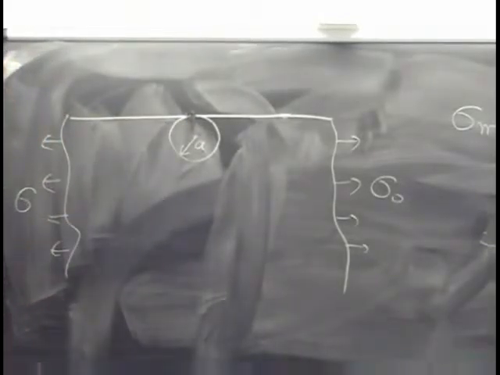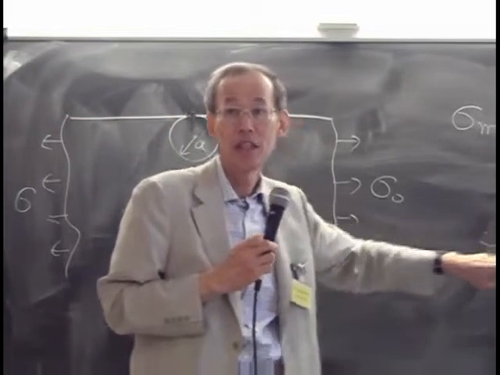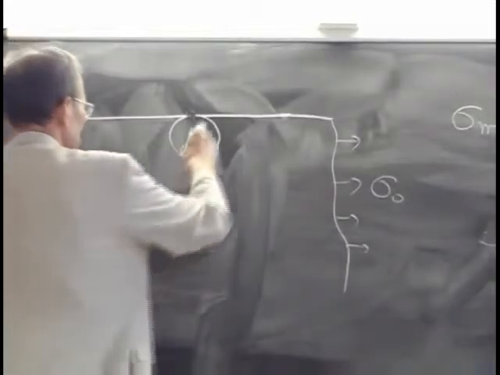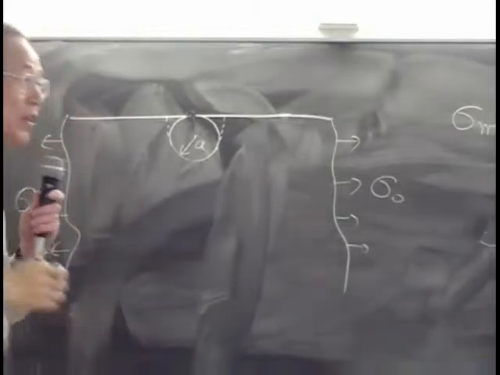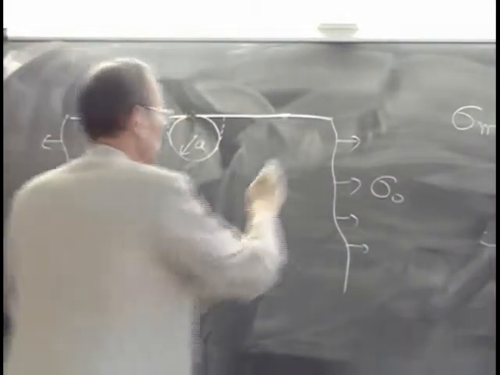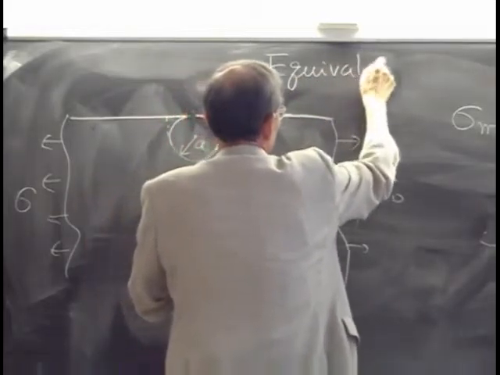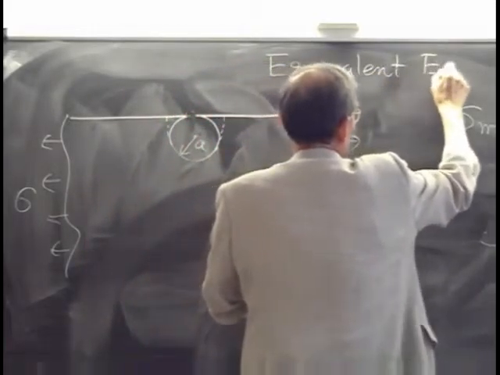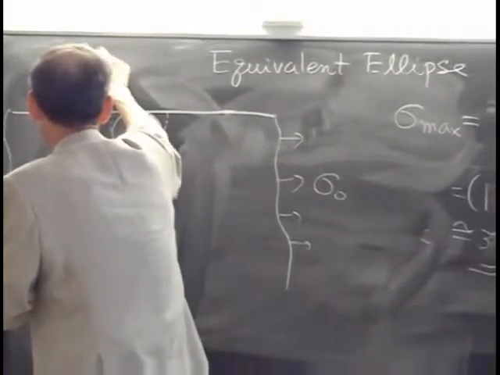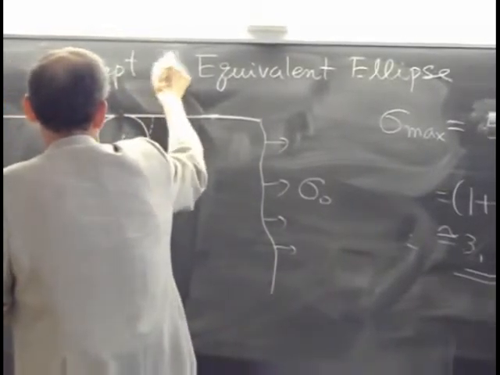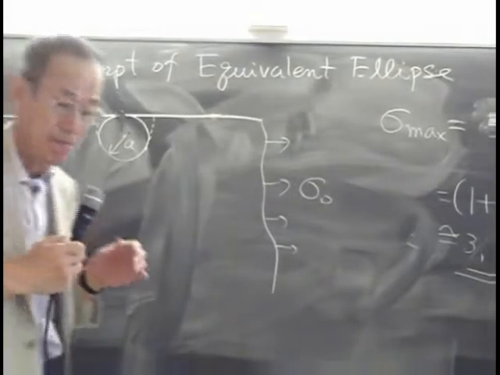It's the same as before. The same? Yes, right, you are right. Because this can be approximated with this. We call this the concept of equivalent ellipse.